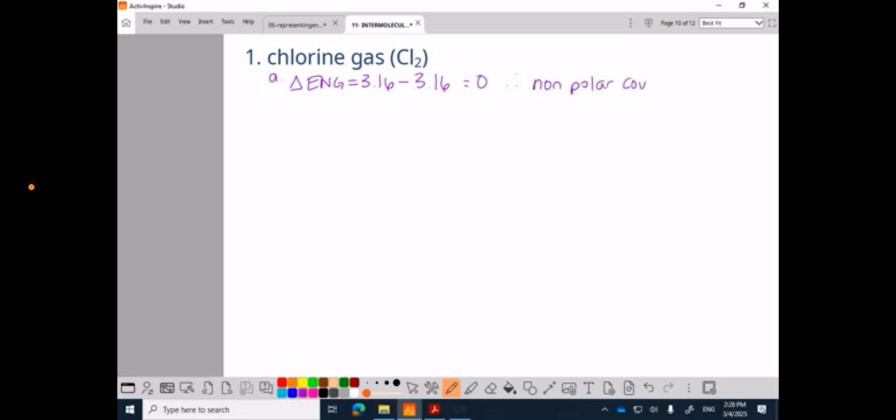So a change in electronegativity of zero is nonpolar covalent, which means no slightly positive and slightly negative on the Lewis structure. You can do bubbles or lines in the Lewis structure. It does not matter, but remember to not do both. We are trying to represent sharing, so there are not ions. These molecules do not conduct electricity.